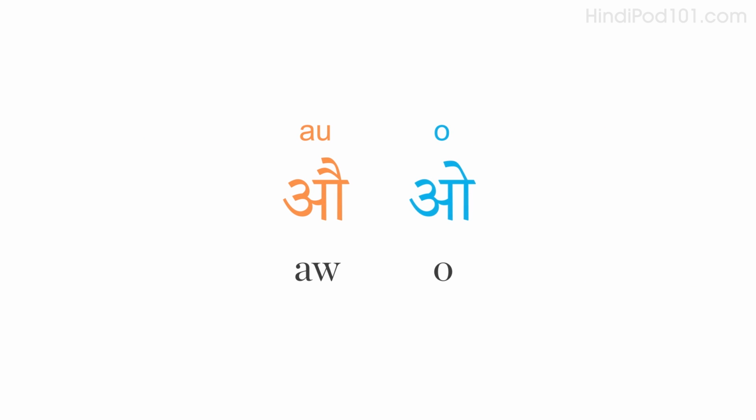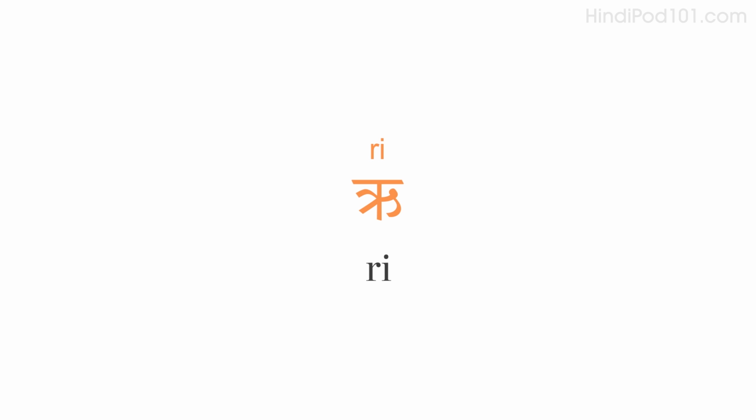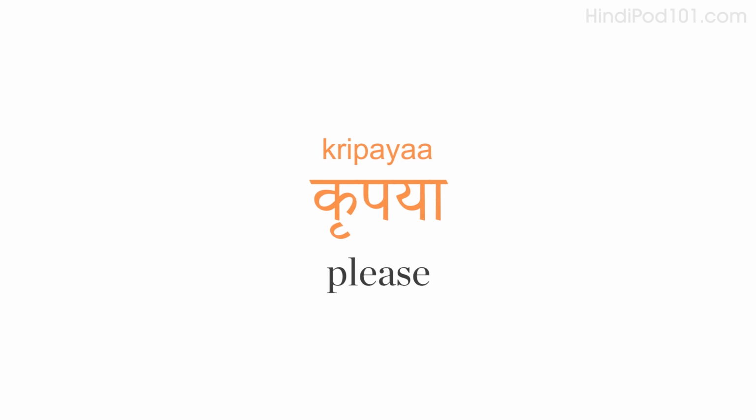We also have O and O. O sounds like the O in box, and O sounds like the letters AW in saw. We also have another vowel which is Ri, something like the RI in riddle. We actually learned a word in the last lesson which uses Ri, kripaya, which means please.